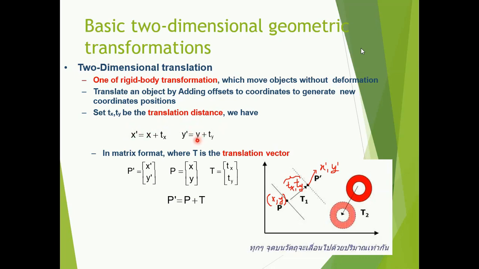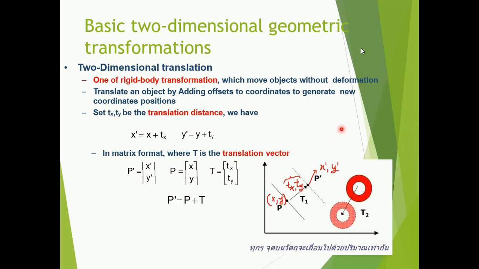The point P that you have moved, the displacement, is represented by t1 here. That and P dash can all be represented in matrix format. Any geometric object on the screen is actually represented as a matrix in OpenGL.